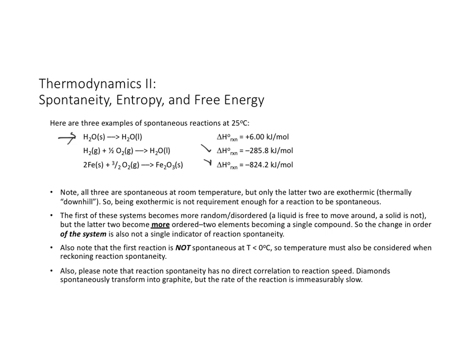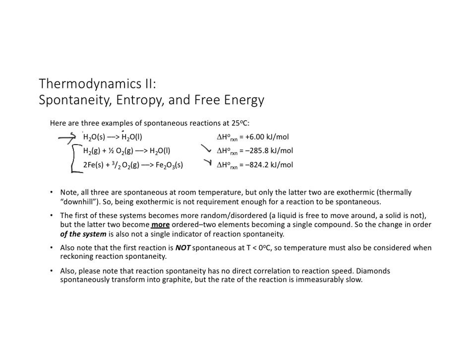Let's also note that the first reaction takes us from a highly ordered system, a solid, to a less ordered system, we have an increase in disorder as we go from solid to liquid. The second and third reactions, however, take us from disorder, gases, to order, a liquid or a single solid.